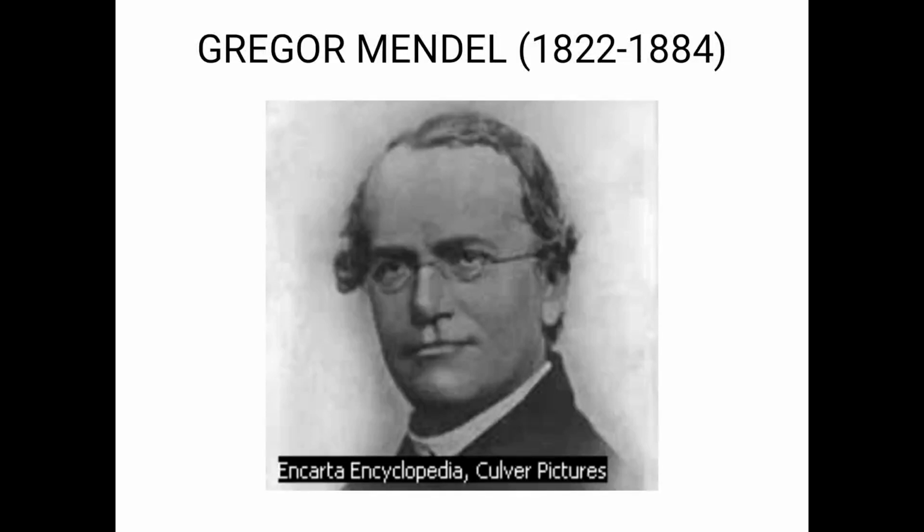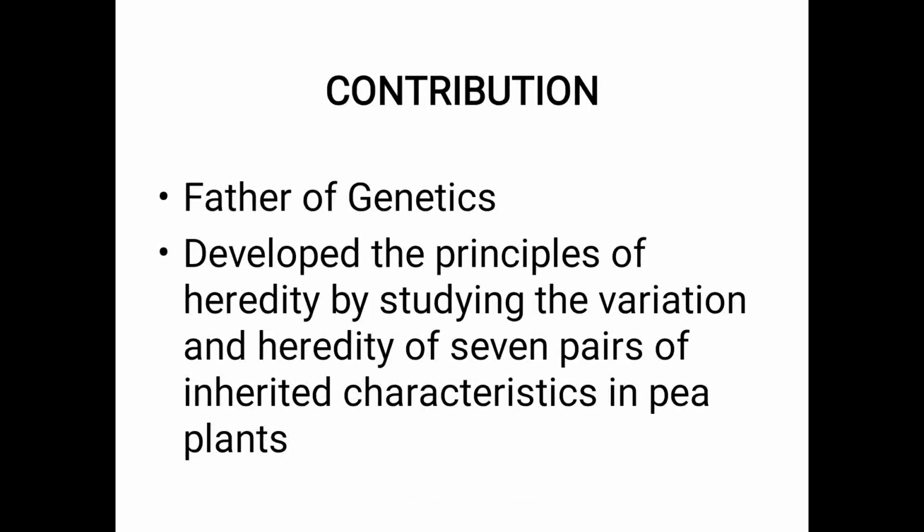Eventually, Gregor Johann Mendel, who lived from 1822 to 1884, developed the study of genetics, or served as the proponent of genetics. So, in genetics, Gregor Johann Mendel studied garden peas.